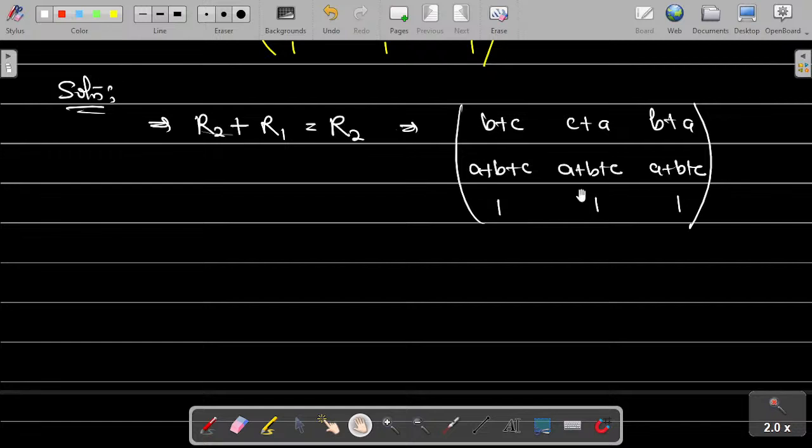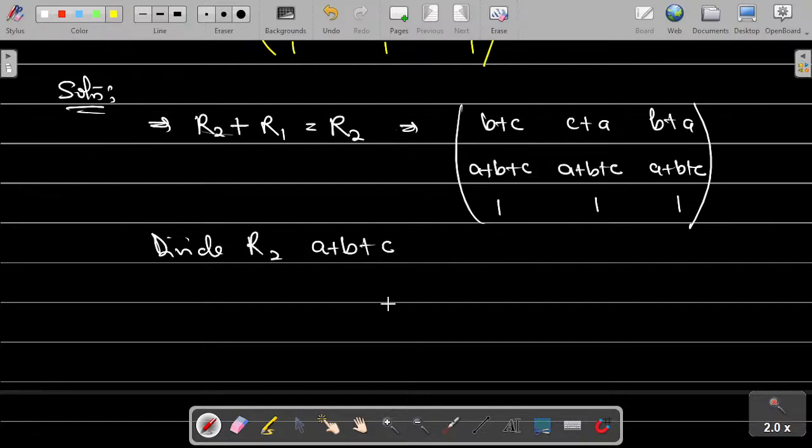Once that happens, you know that whenever you're given a matrix like this, you are allowed to cancel out a common factor on a particular row, that's to multiply through by a common factor on that row. So I can divide row 2 by that common factor, which is a plus b plus c.